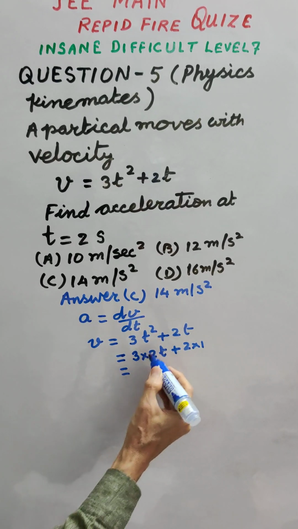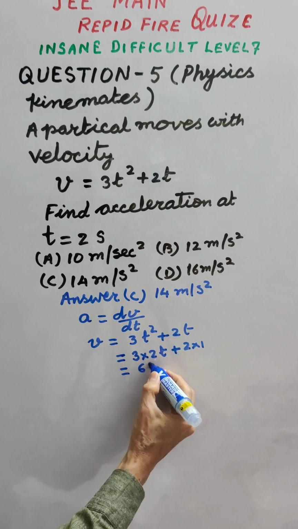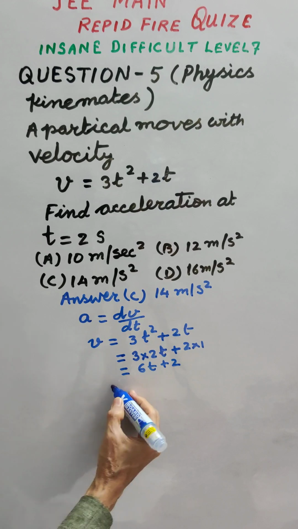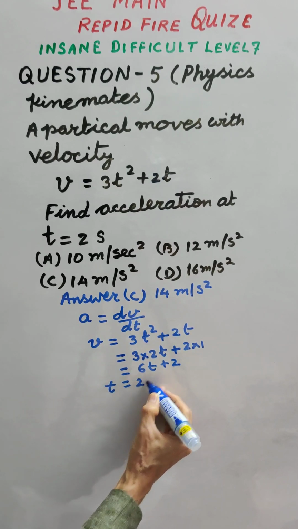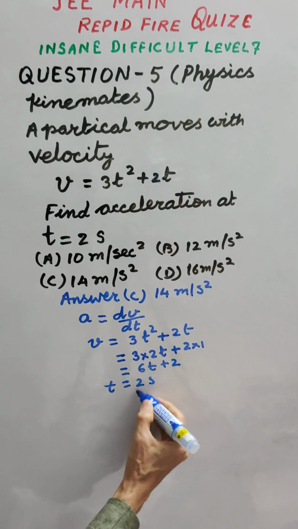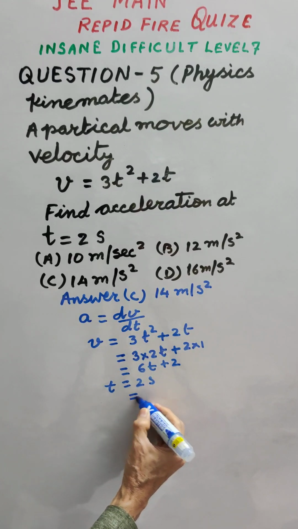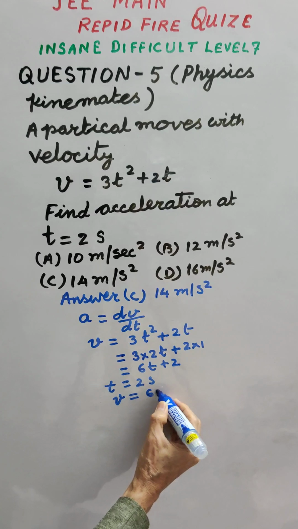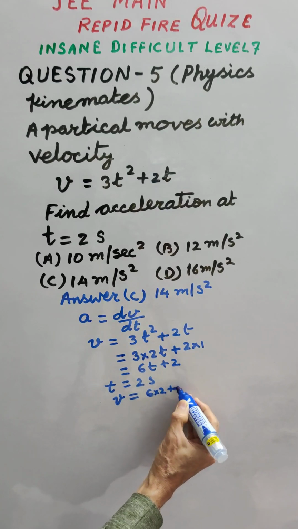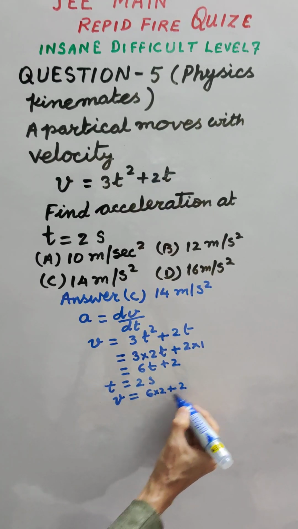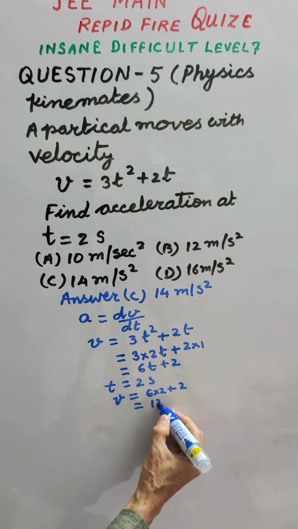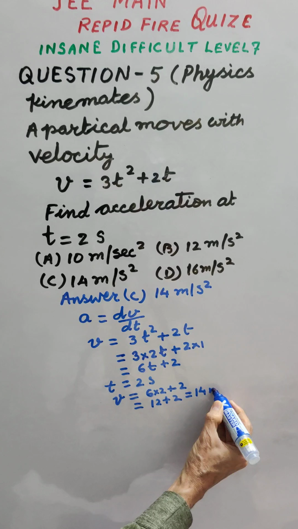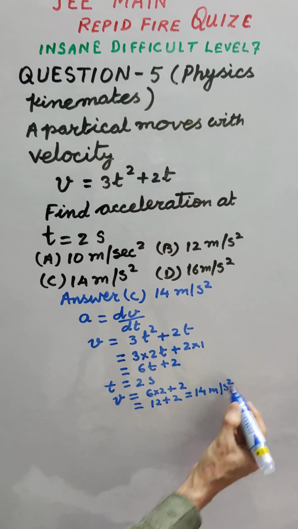So that will be 6t plus 2. Now substituting the value of t is equal to 2 seconds, that will become 6 into 2 plus 2, that is 12 plus 2, is equal to 14 meter per second square.